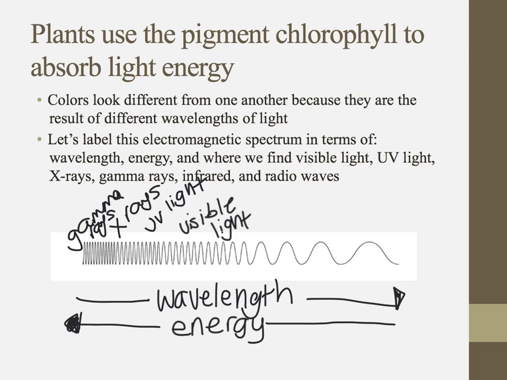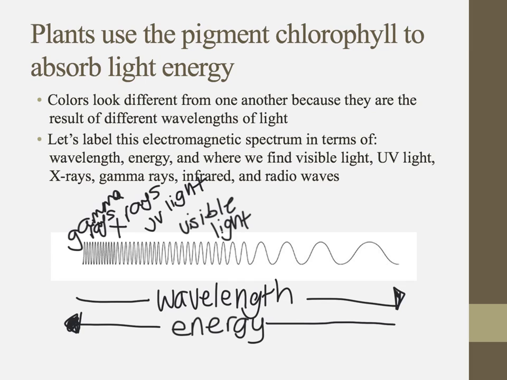These are some really gnarly things. They can cause quite a lot of damage to cells and such. But in terms of energy, visible light has less energy than UV light, X-rays, etc. None of these are visible. The only visible ones are in here.